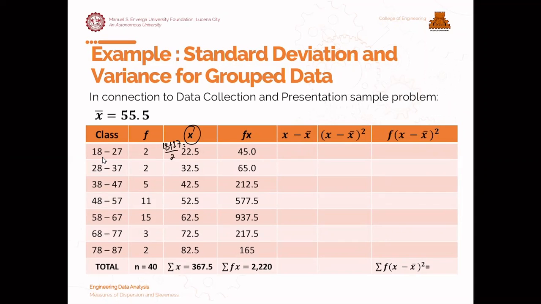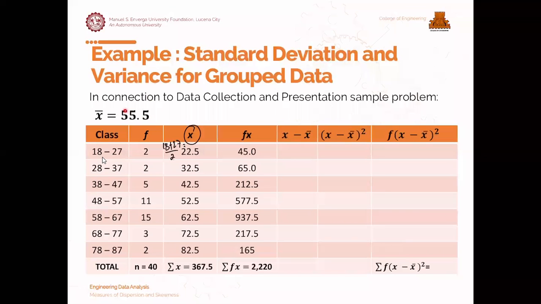Then, since our equation is based from the summation nitong last column natin, we need to perform tong mga additional columns natin dun sa previous na na-prepare na natin sa mga problem natin. Okay? So, dito sa fifth column, x minus x bar. So, before na-calculate na natin ang midpoint, ang mean natin is 55.5.